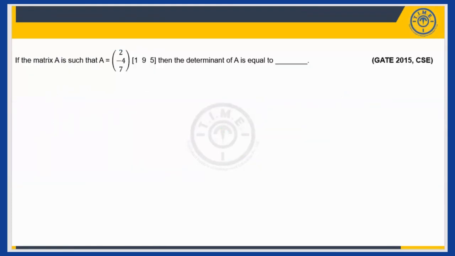Now here, there's a question asked in the year 2015 for CSC. So how to solve this?